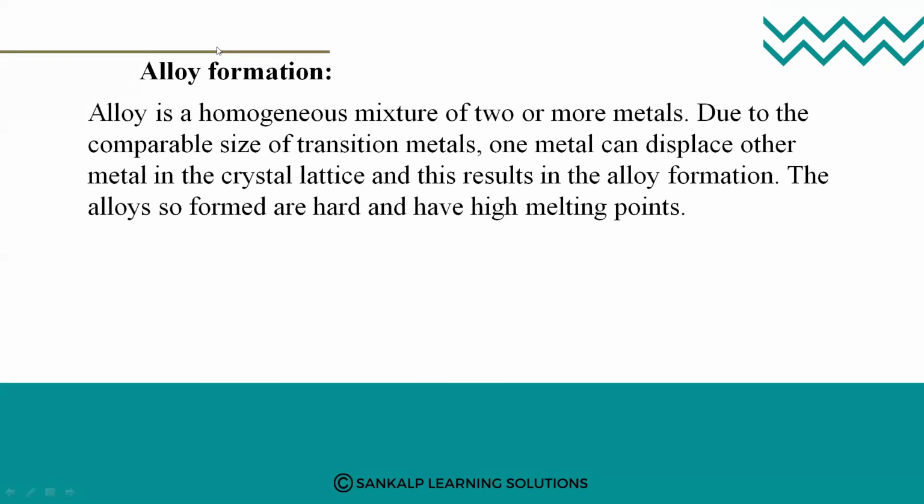So an alloy is a mixture of two or more metals. Because these transition metals have almost the same size, one metal can be displaced by another in the crystal lattice, and thus we can form alloys.